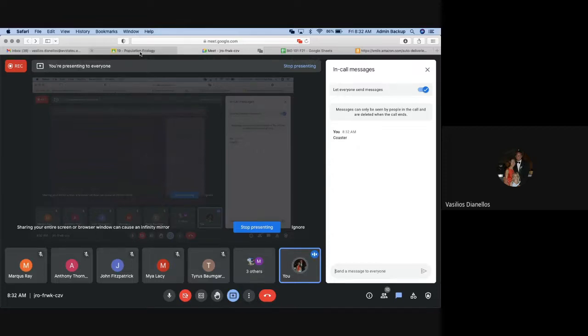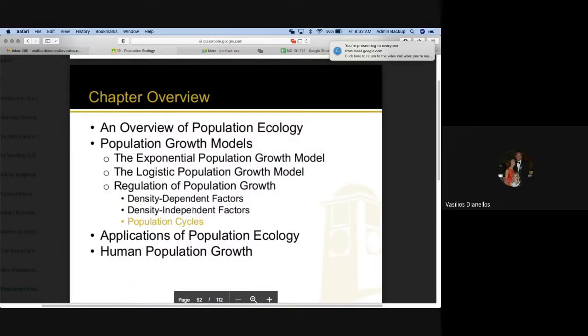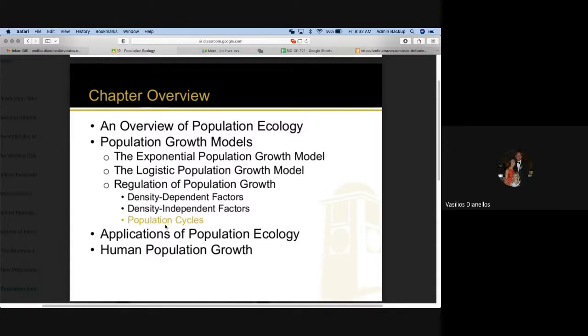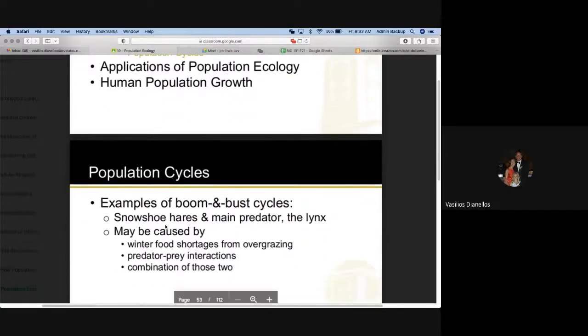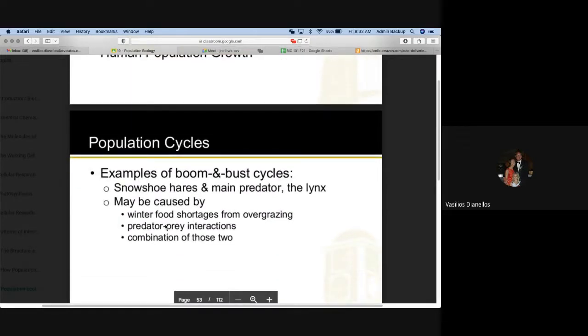Anyway, let's move forward. So we're done talking about dependent factors and independent factors and how they're different from each other, and we mentioned how they both affect population at the same time. So now we have that out of the way. Let's talk about population cycles. This is a very simple concept. And what I mean by population cycles is sort of like I showed you earlier.